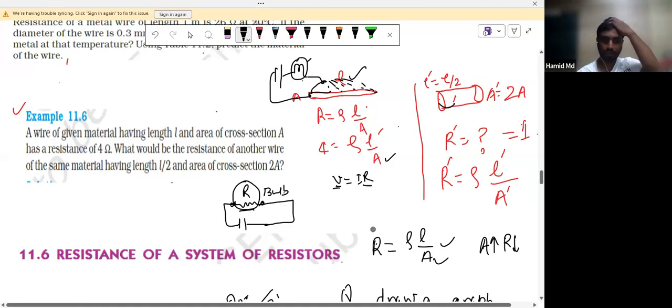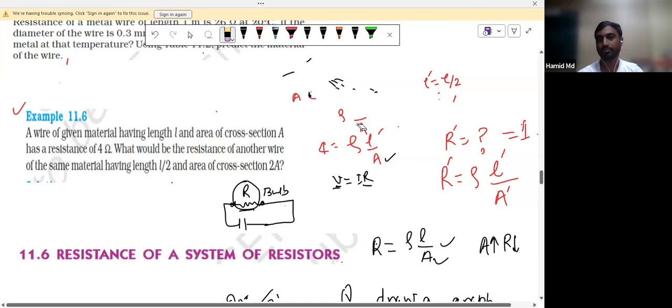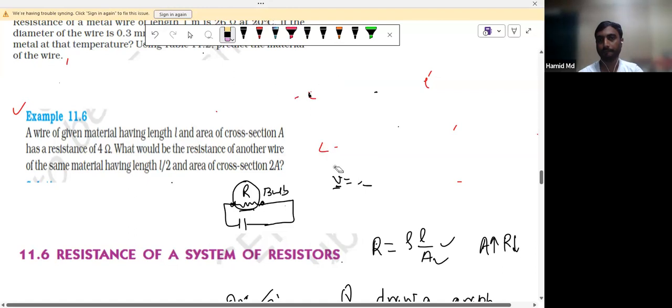So my point is, now I am going to draw a graph. How to draw the graph? The question is already pasted there, pasted, not written.